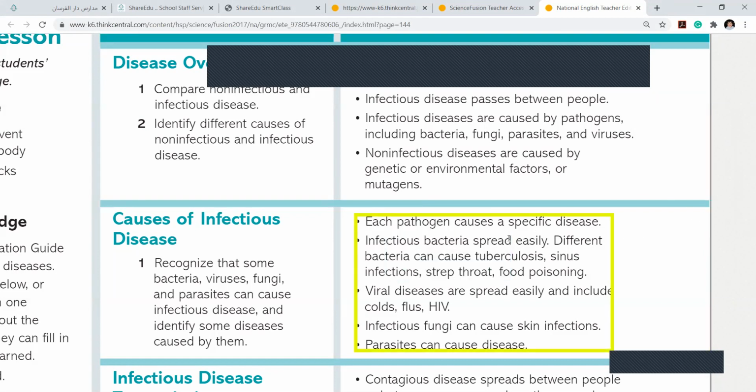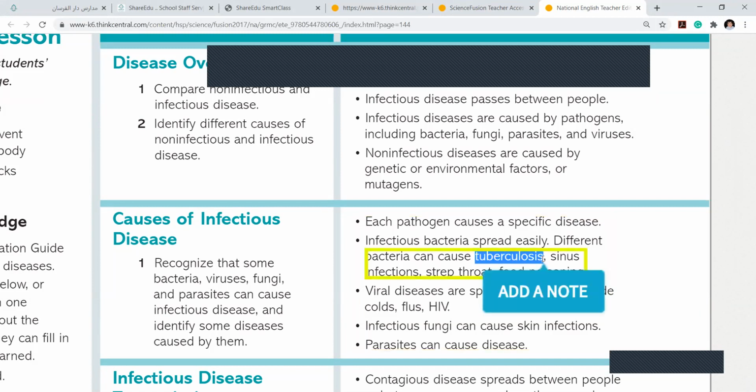Infectious bacteria spread easily. Different bacteria can cause tuberculosis. Girls, tuberculosis is a disease of the lungs. Sinus infection. Did you ever go to the doctor and the doctor say you have sinus? Maybe around your nose it is red in color, with a running nose and headache.